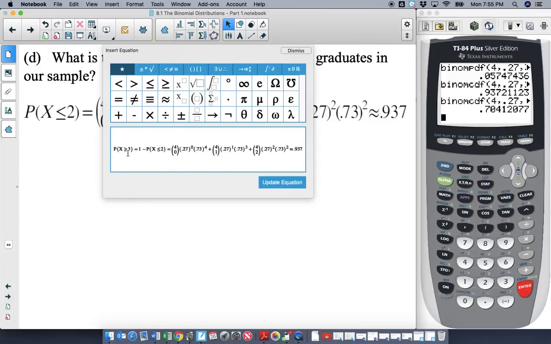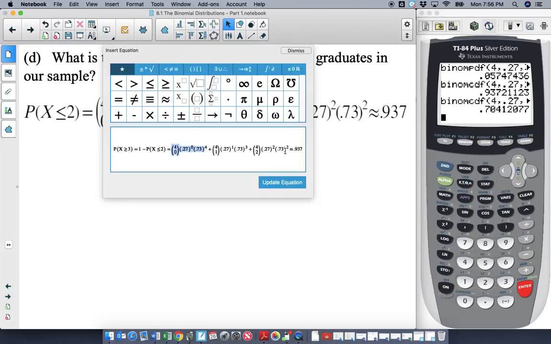So I want 3 or 4, right? X is greater than or equal to 3. So I'm going to instead do the complement, 1 minus the probability that x is less than or equal to 2, because that would get rid of 0, 1, and 2 and give me the probability that x is 3 or 4.